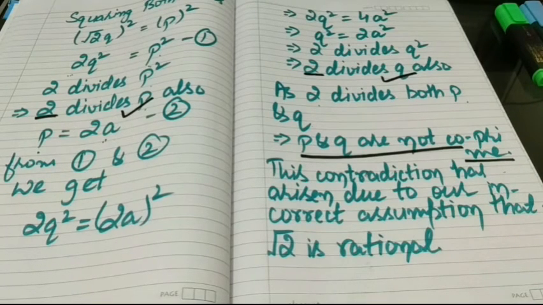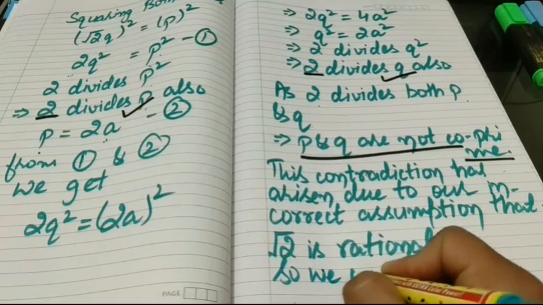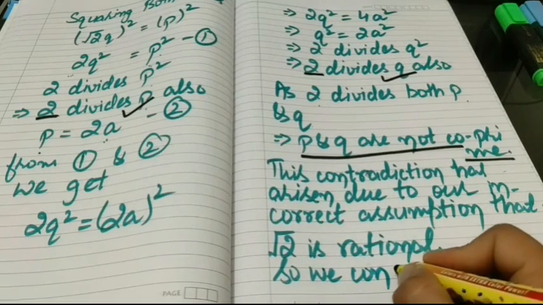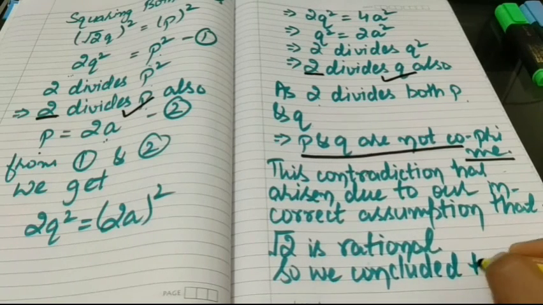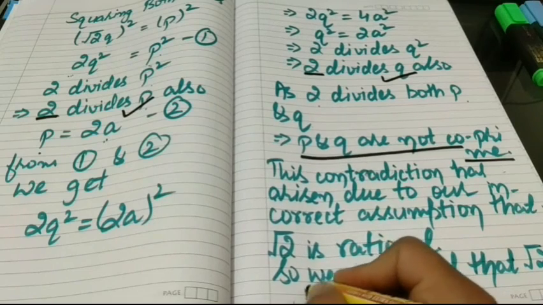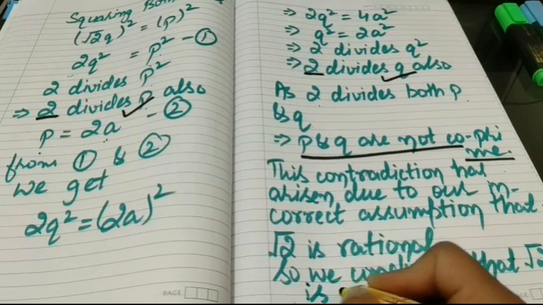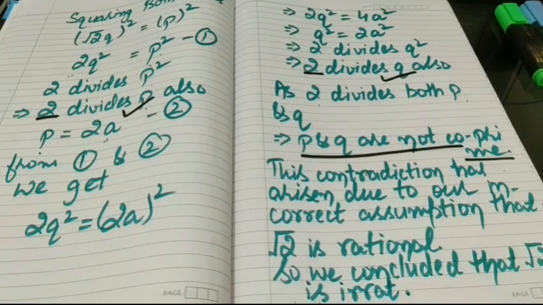Our supposition, our assumption, is wrong. So we conclude that root 2 is irrational. That's it. Thank you.